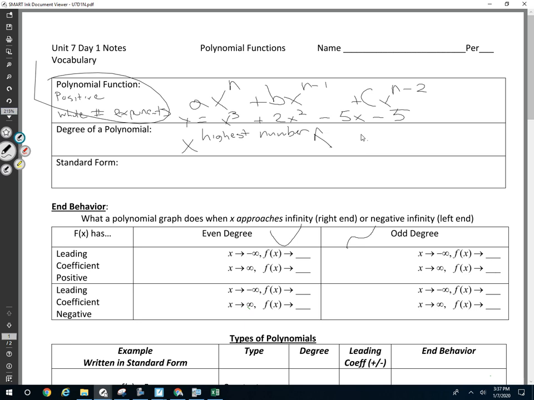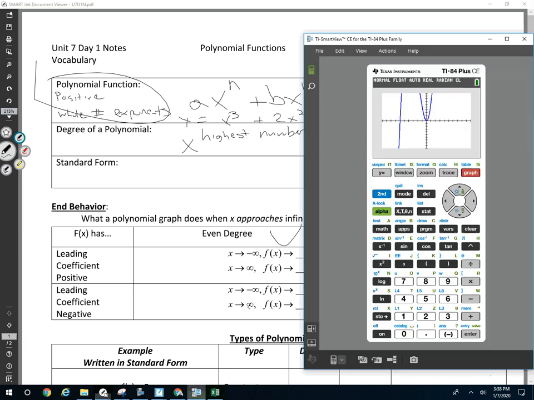So if I have y equals x to the fourth minus 3x cubed, I don't actually care about the 3x cubed. I say this is going to look like an x to the fourth graph in the end. This will end up with a U type end behavior. Does this make sense? I just showed you.